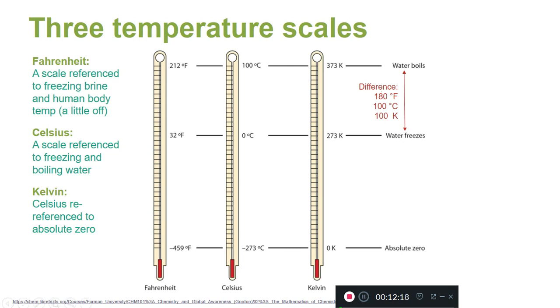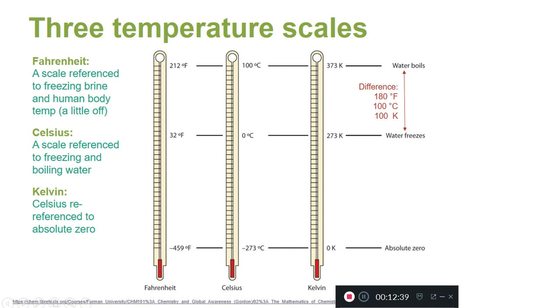Now, the Celsius scale said, let's reference these things to things that are a little bit more fixed. If you change what you make your brine out of, or you go from different human beings to different human beings, maybe it's a little bit different. But if we take pure water and we freeze it, it will always freeze at a certain temperature. It will always boil at a certain temperature.